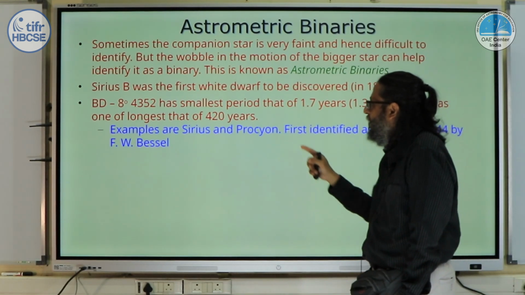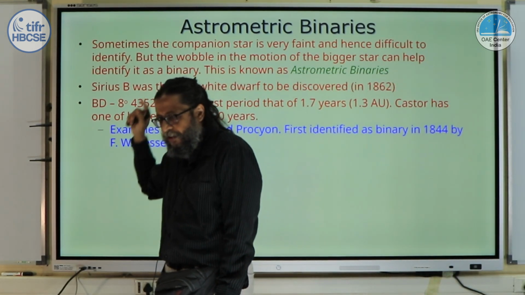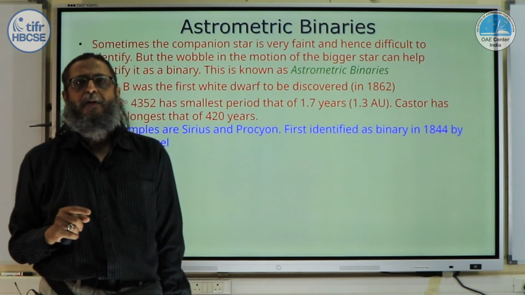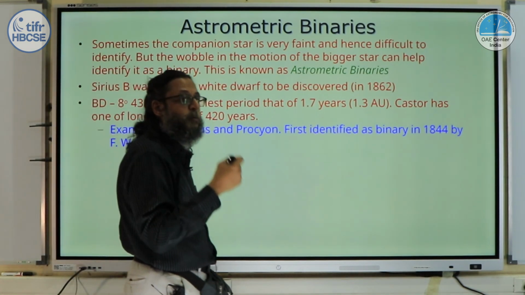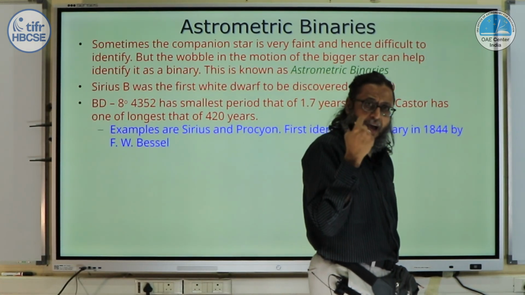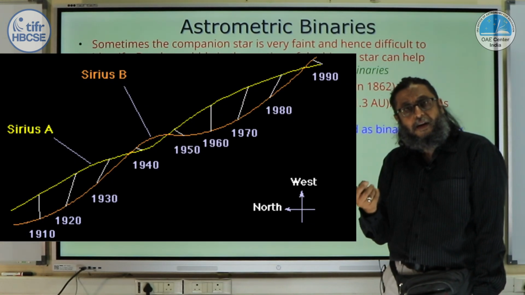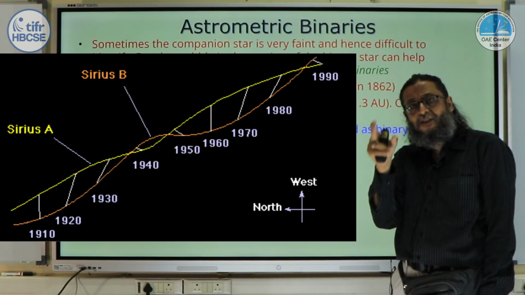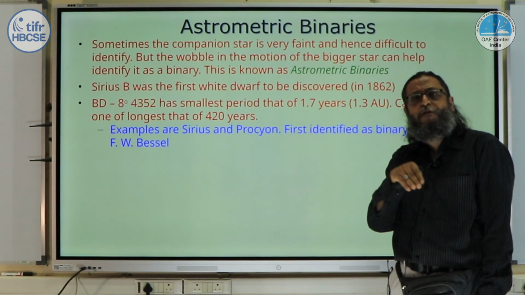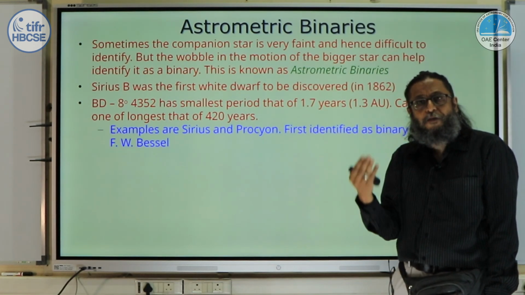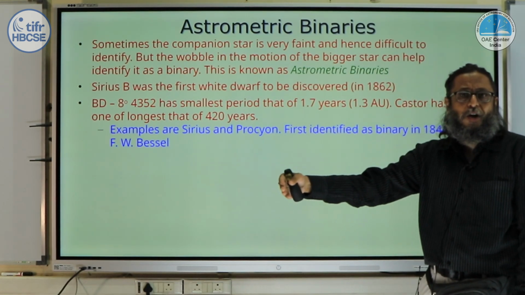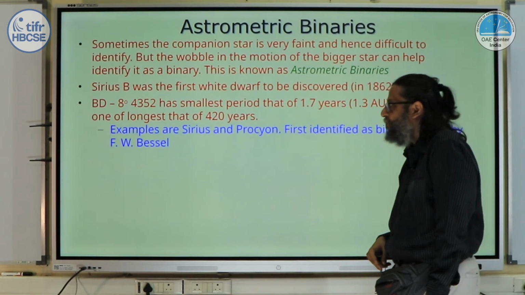So, now Sirius is another very good example where good astrometric measurements have been made. And Sirius is one of those objects where the measurements have actually proved to be kind of a foundation for development of the whole methodology of observing binary stars.